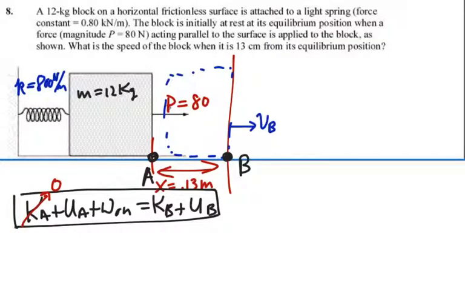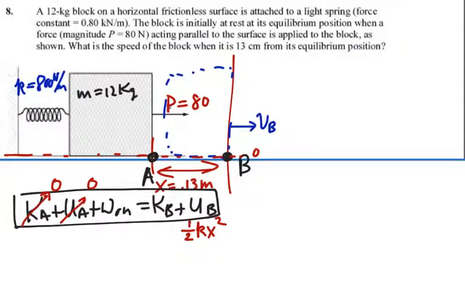We're on a level plane, and the spring was not compressed or stretched at point A, so our potential energy at A is 0. However, at B, we are going to stretch the spring, so we'll have a 1/2 kx squared for that, even though we're still on a gravitational potential level of 0. So we just have to worry about that.